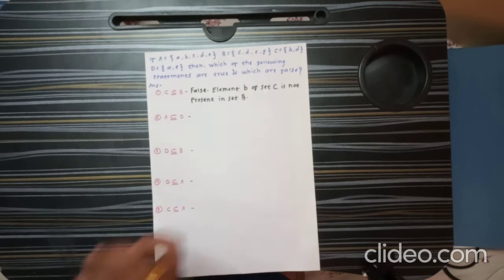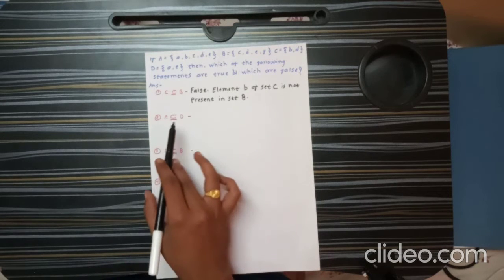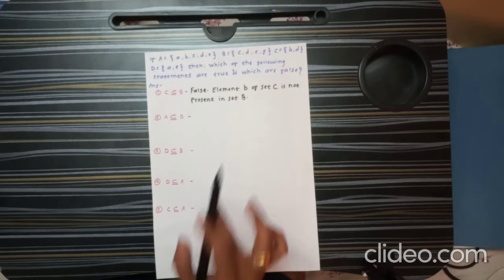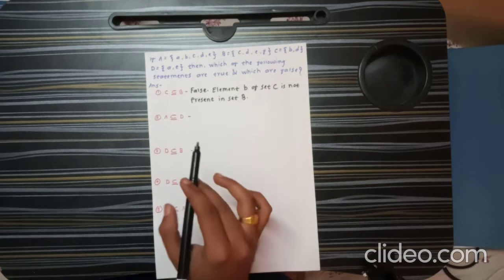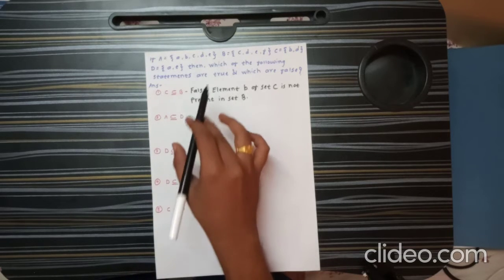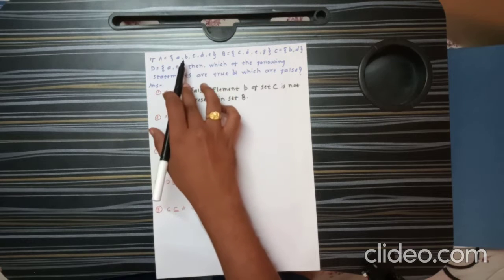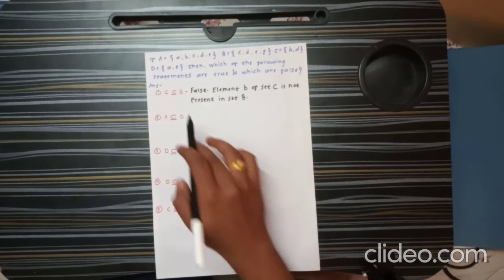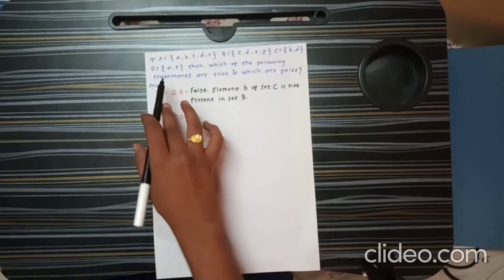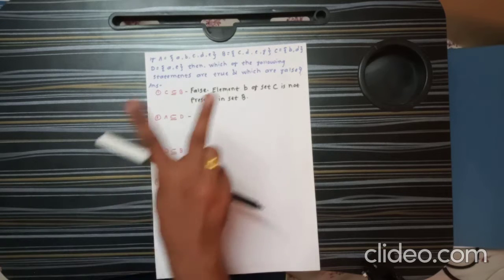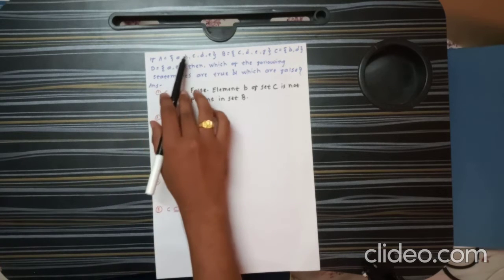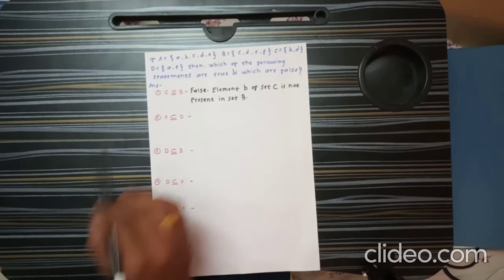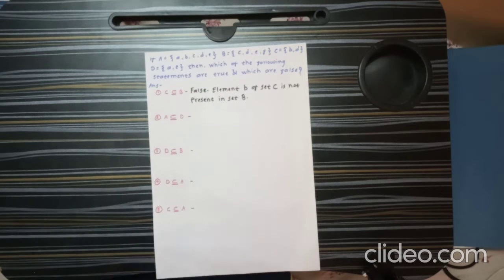Now the second statement they have given is A is a subset of D. Now in this case, let us compare both the sets first. Consider here set D is having only two elements and set A is having these five elements, and all the elements are not part of this particular set, so this statement is also false.